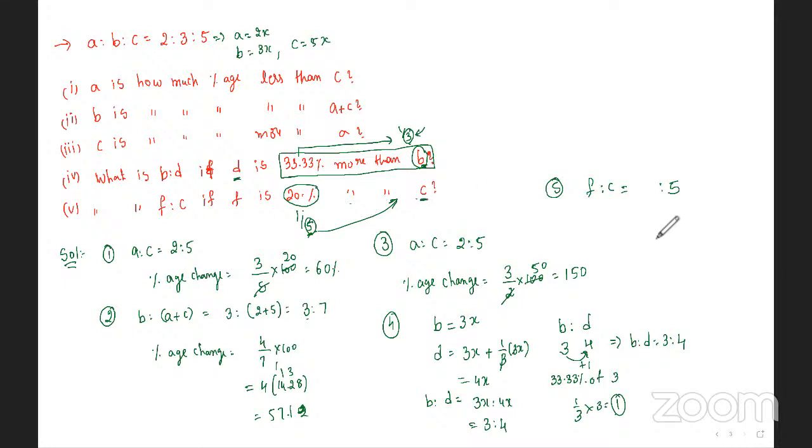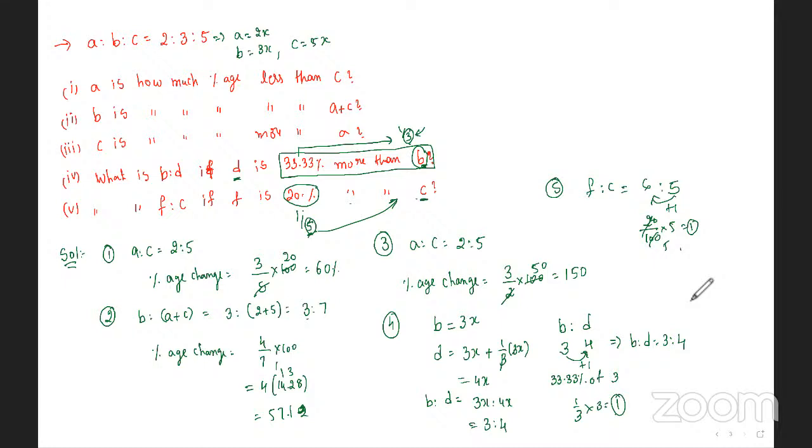C का 20%, 20% ऑफ 5 विच इज 1. मतलब ये 1 ज्यादा है, सो +1 करना पड़ेगा आपको, 6 हो जाएगा. सो F is to C will be straight away 6 is to 5.